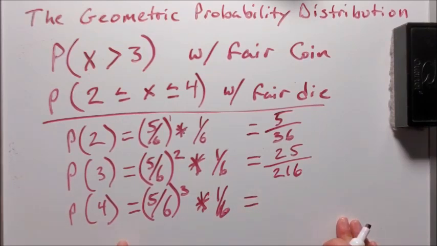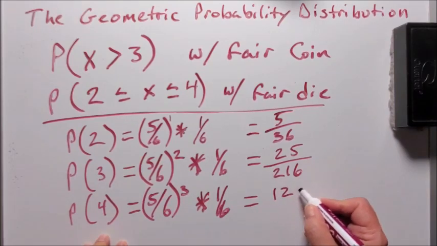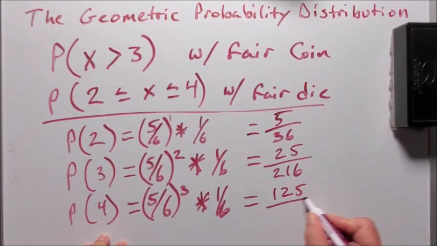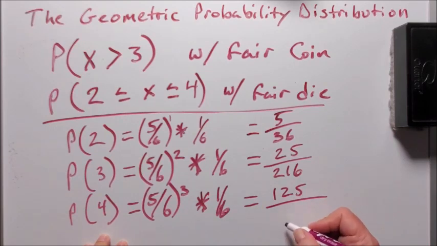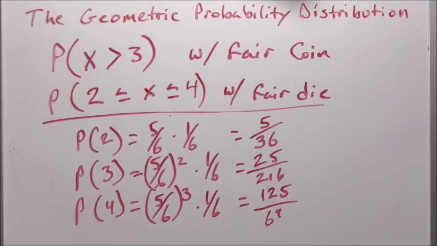And then for the probability of 4, we actually have 125 over, that's 6 to the 4th. So guys, let's go ahead and sum these up and figure out what the final answer to this one problem is, okay?